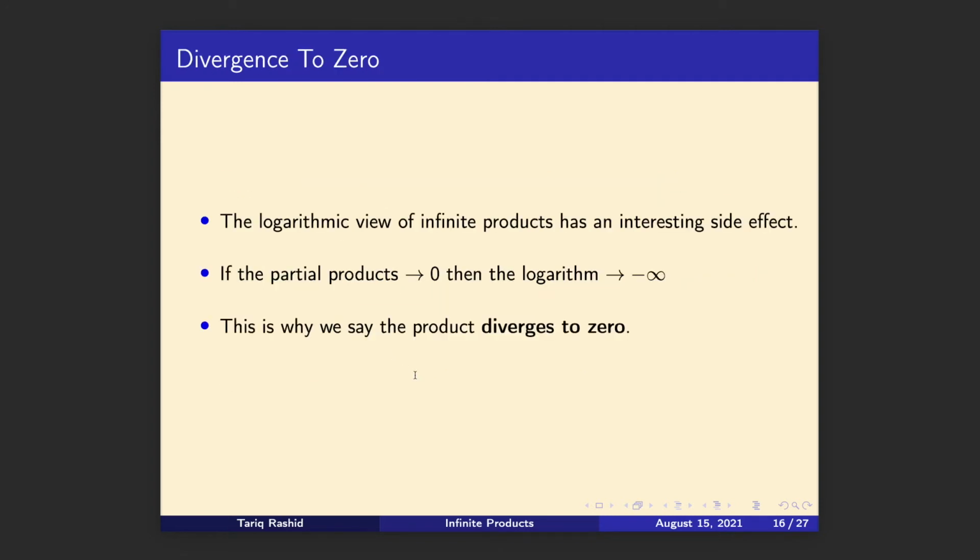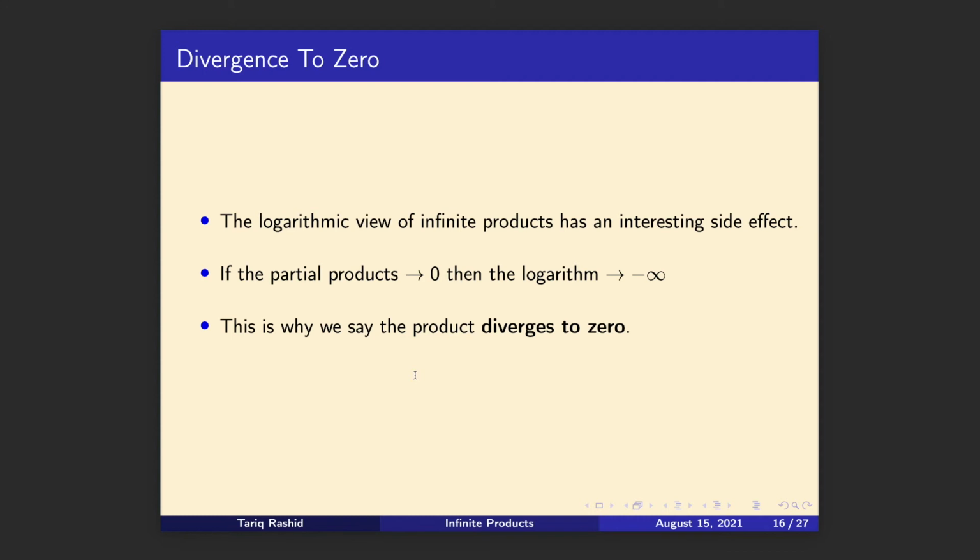Now let's talk about this idea of divergence to 0 again. Where did it come from? So the logarithmic view of those infinite products, remember when we apply the logarithm to turn the product into a sum, that's useful because sums can be easier to work with, but it has an interesting side effect, because if the partial products tend to 0, then the logarithm tends to minus infinity.